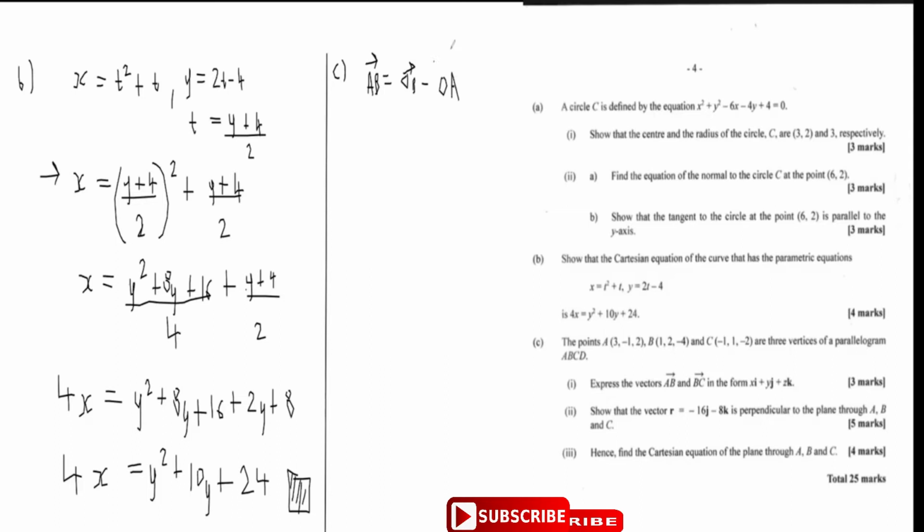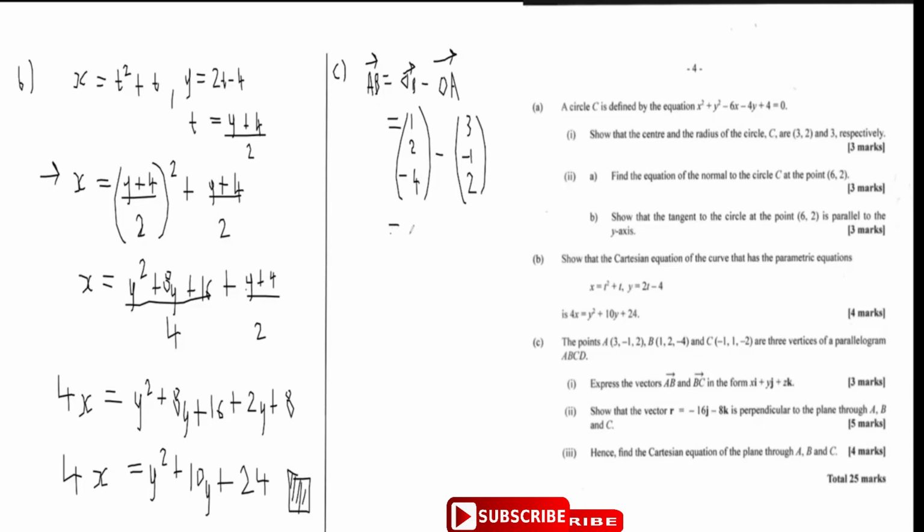Looking at the coordinates, OB is 1, 2, minus 4. That's vector OB. And we're subtracting vector OA. Vector OA is 3, minus 1, 2.